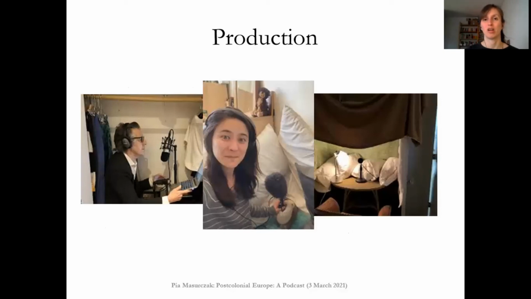It does not involve a lot of equipment. And this is something that people like me who work for the public broadcasters, for example, have learned during the pandemic. You can easily produce good sound material from home. You do not necessarily need the perfect studio equipment, as you can see in these pictures.